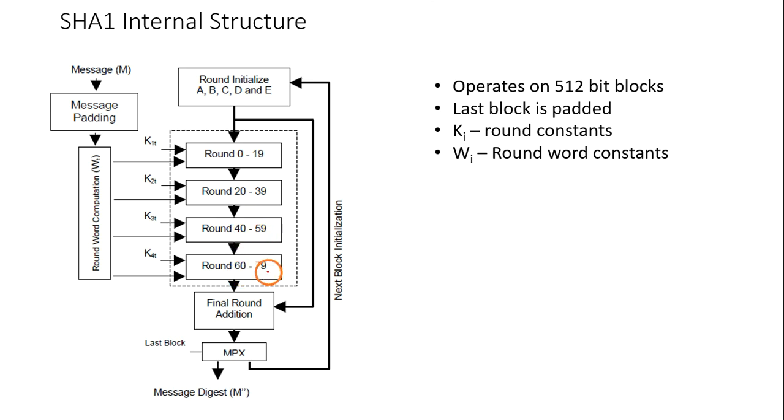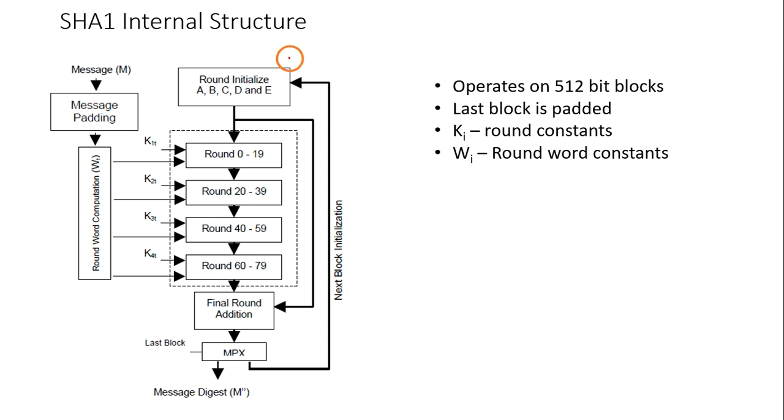For these rounds, one input is the round word constant and another input is the round constant. Ki is the round constant. These Ki are predefined values, pre-computed constant values. They are not going to change.